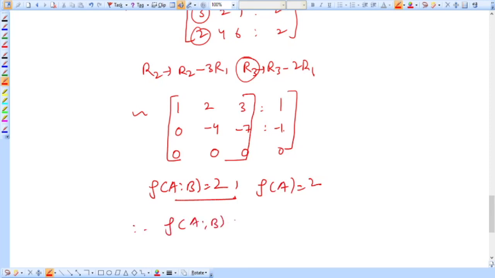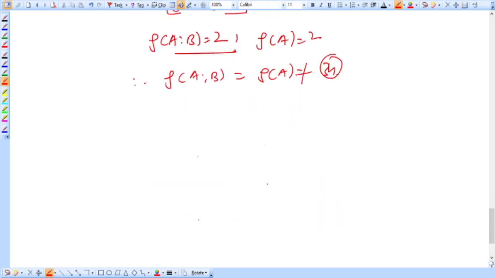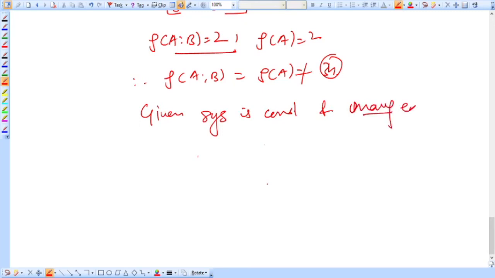Therefore the rank of the augmented matrix is equal to the rank of A, which is not equal to 3, which is the number of unknowns. Hence we can say in this case, the given system of linear equations is consistent and many solutions exist in this case, right?